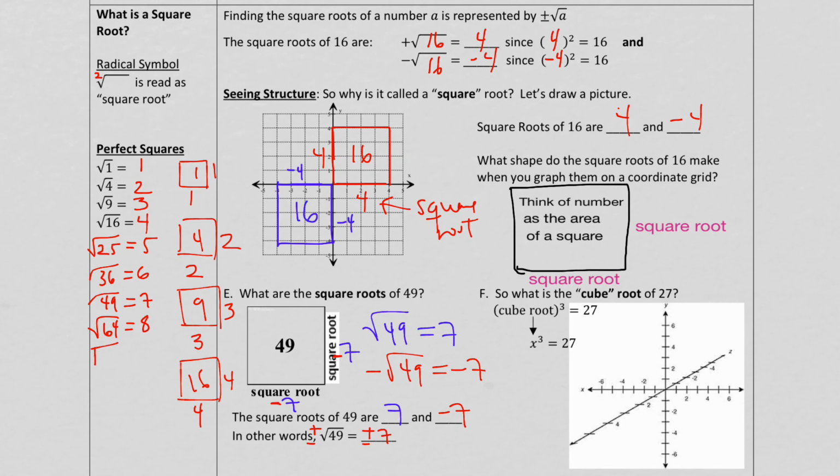The square root of 81 is 9. The square root of 100 is 10. The square root of 121 is 11. The square root of 144 is 12. And they go on and on. So guys, again, think of square roots visually as squares with given side lengths.